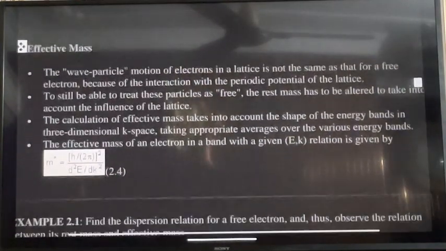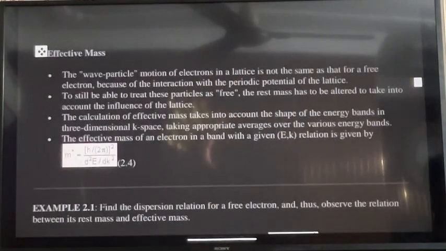Now we come to the concept of effective mass. This is important in this chapter from the point of view of numericals. So basically, the wave particle motion of electrons in a lattice is not the same as that of a free electron because of the interaction with the periodic potential of the lattice.